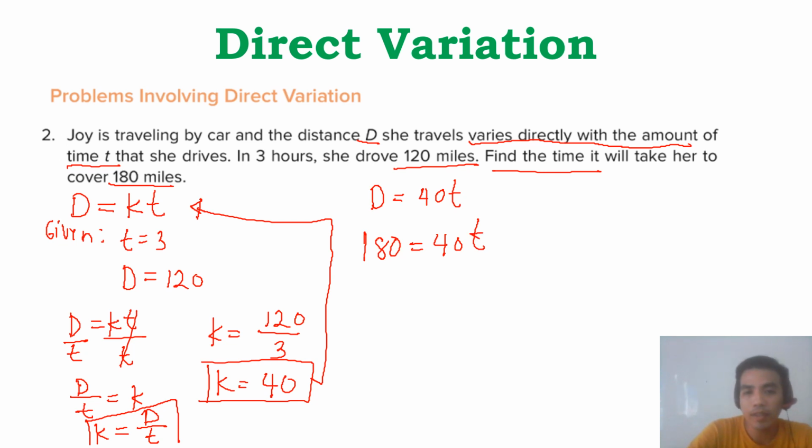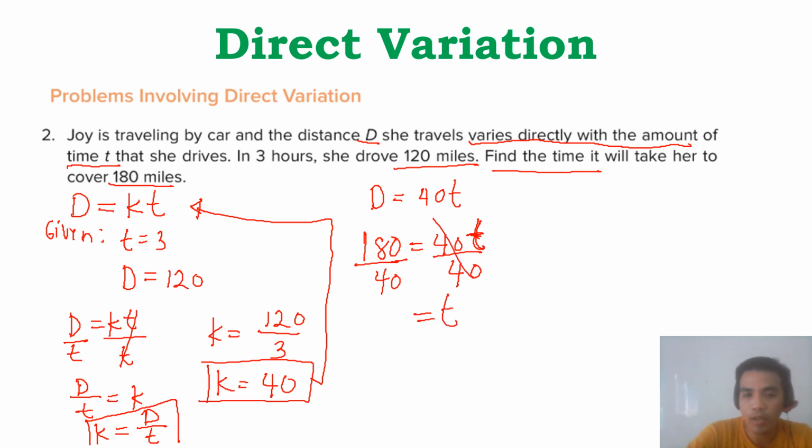Paano natin isosolve yung time? Just divide both sides by 40 para matanggal yung 40. Makakancel na yung 40. Maiiwan yung t.